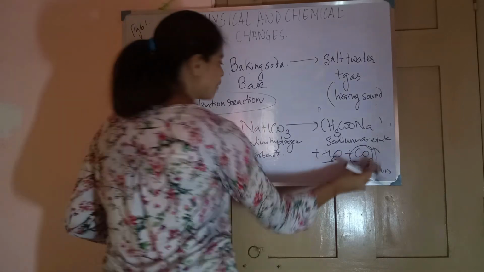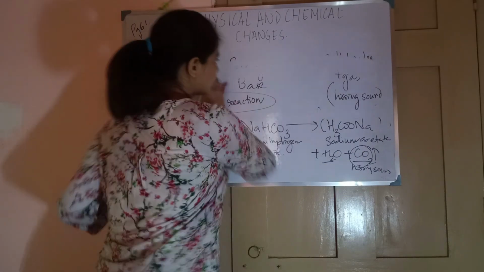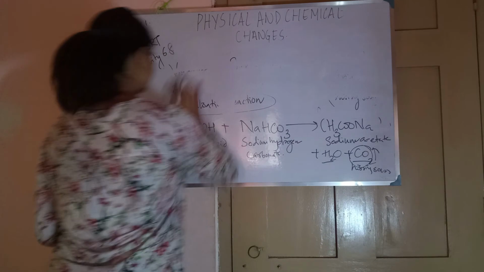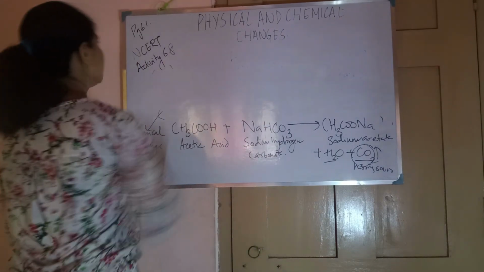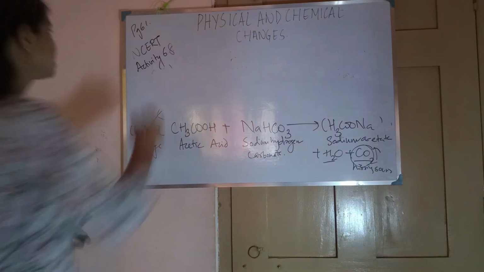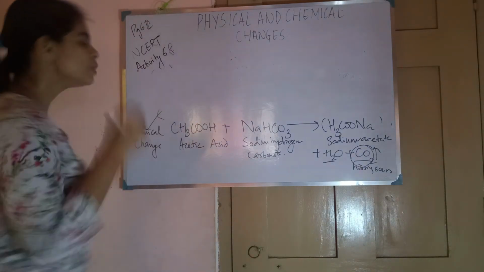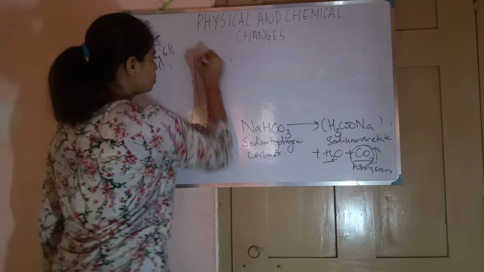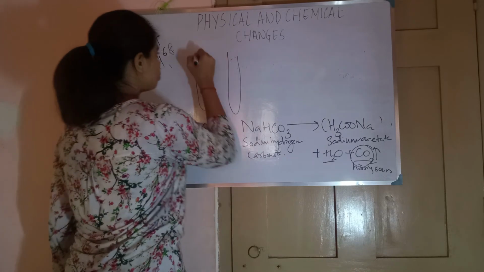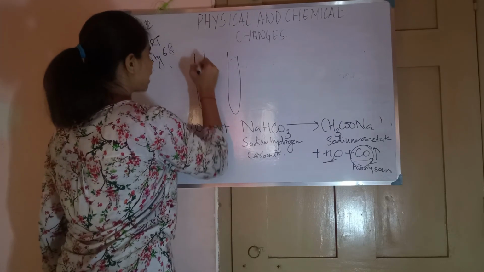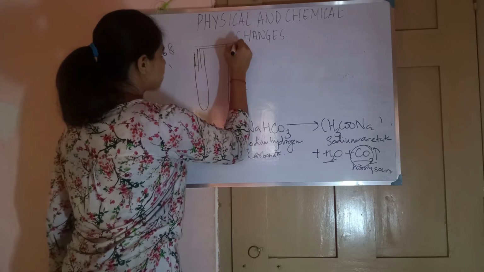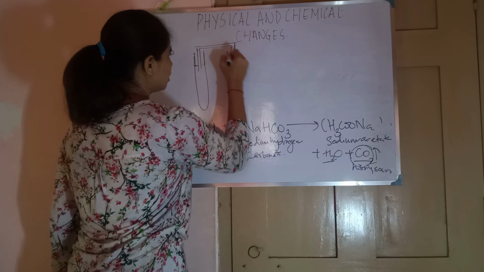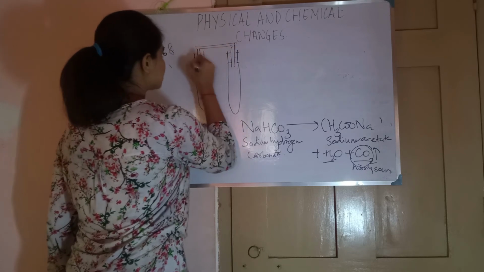What will happen if I pass this gas to another test tube? To see this, come to page number 22. You will see that there are two test tubes and these two test tubes are connected by a pipe. What is this pipe actually doing?